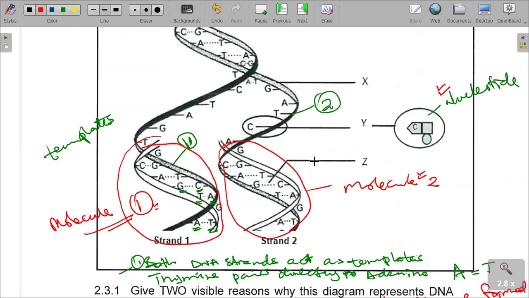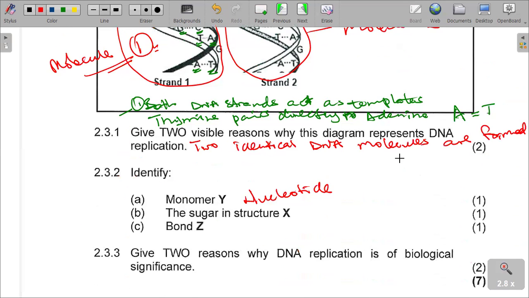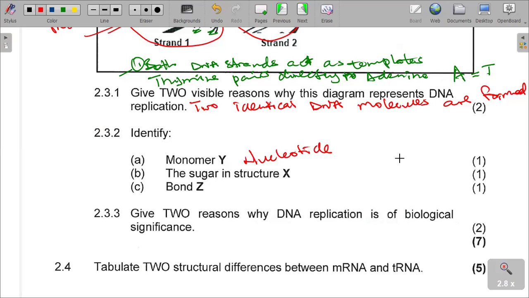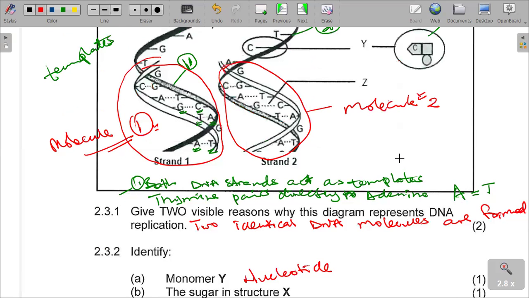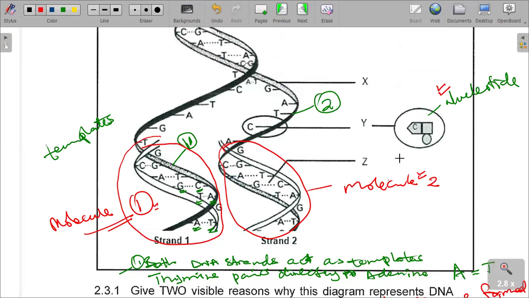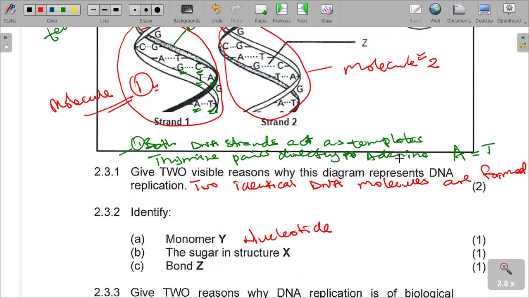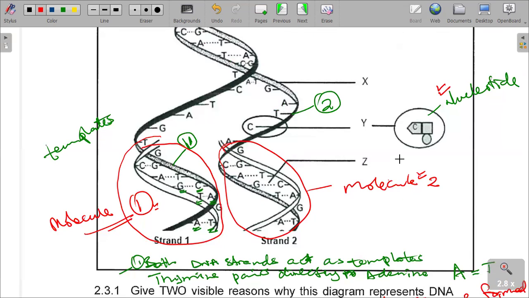You can really see class that it is a nucleotide where we've got our nitrogen base, our phosphate, and our sugar molecules together there. And then, identify the sugar in structure X. Where is our X? Our X is the DNA structure.